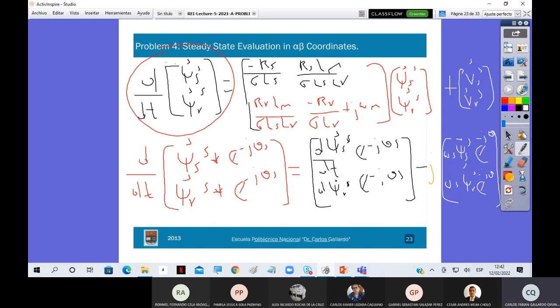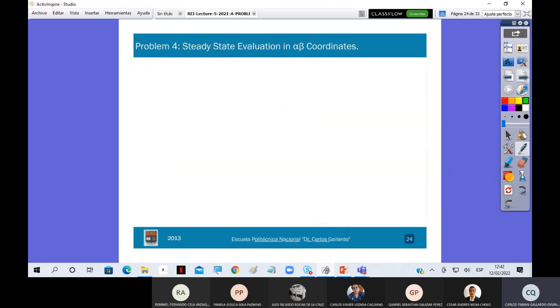Okay, so from which, isolating this term and taking out this common factor, I will get the derivative. I will have the stator flux space vector, the derivative, I will have the rotor flux space vector.